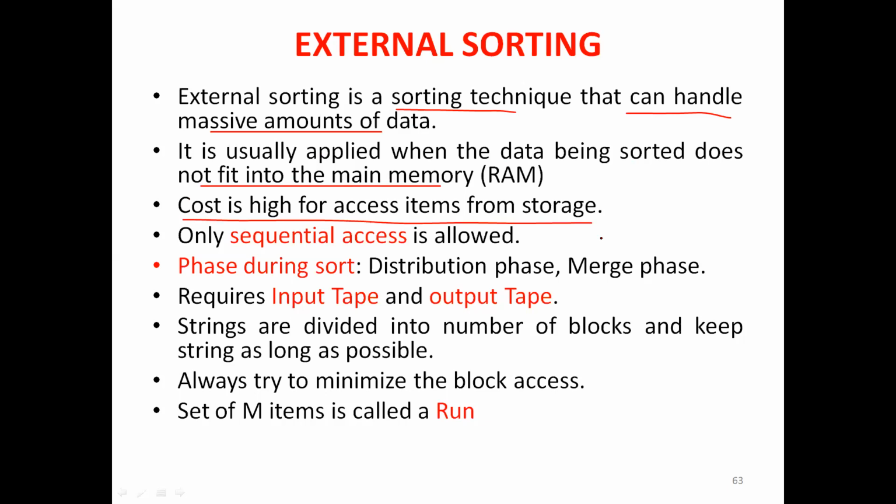Cost is high for access time from storage. What is the disadvantage in external sorting? Because in case of internal sorting, the access time is very less, because all the elements are residing in the RAM itself.